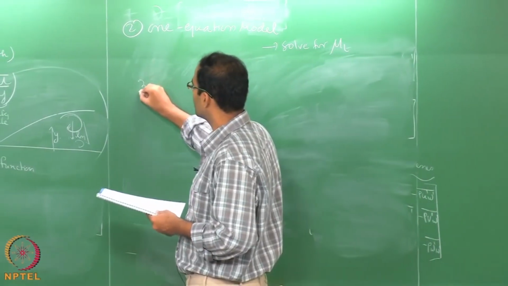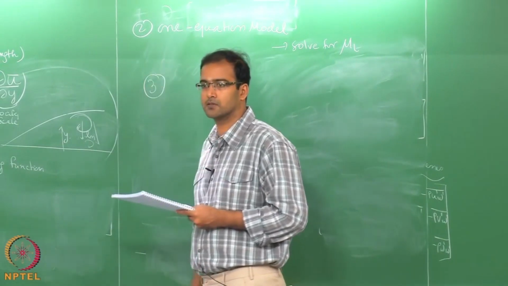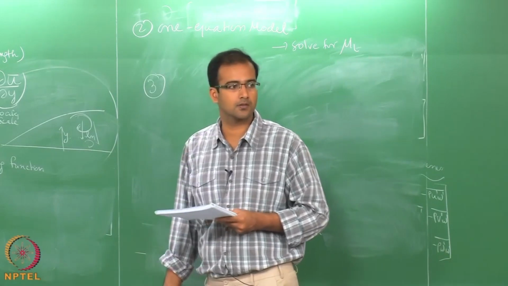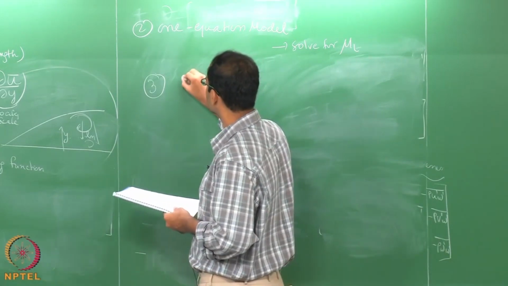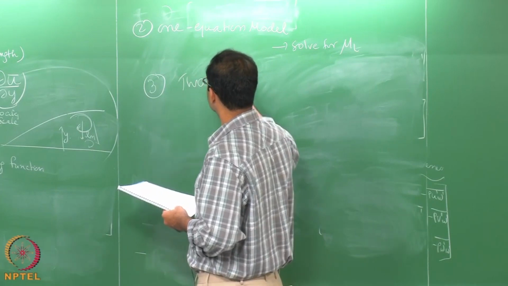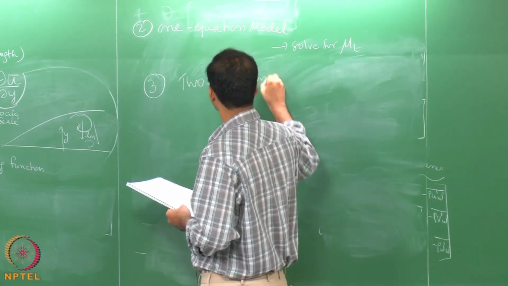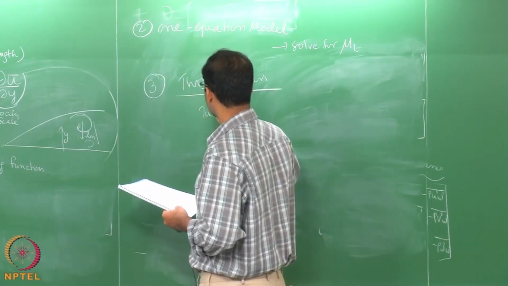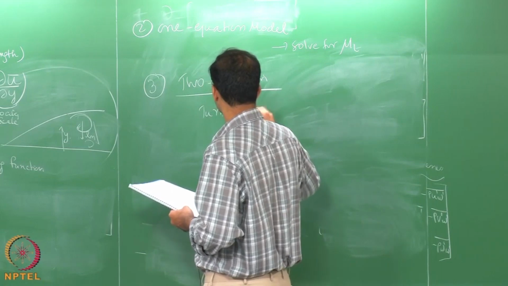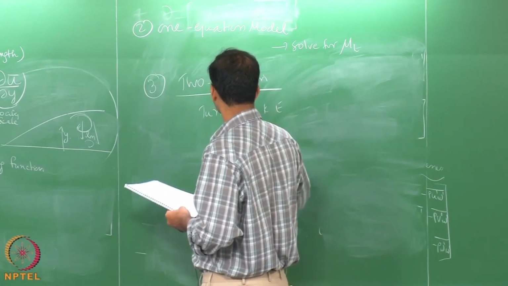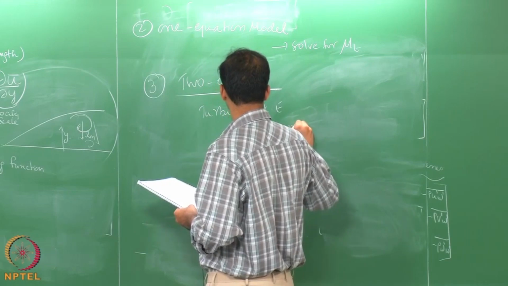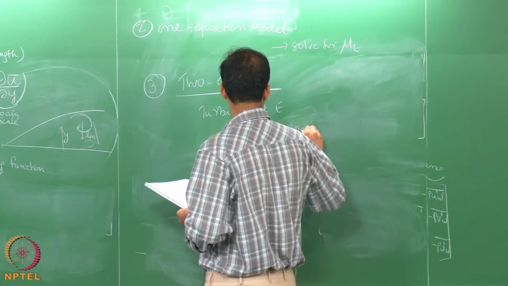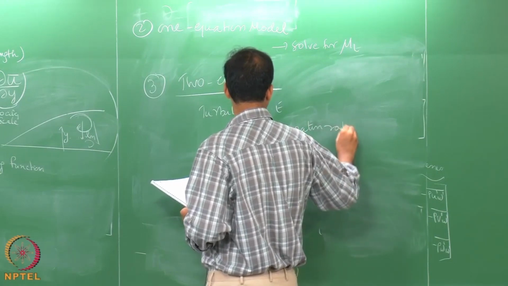Now, for more complex flows, recirculating flows, flows with strong curvatures, pressure gradient, rotation and so on, we start going for two equation models. They involve solving additional equations, one for the turbulent kinetic energy, denoted by K, and one for the turbulent dissipation rate, epsilon.